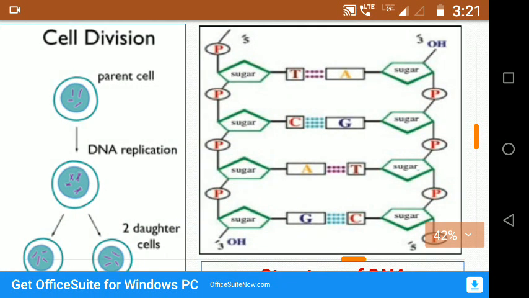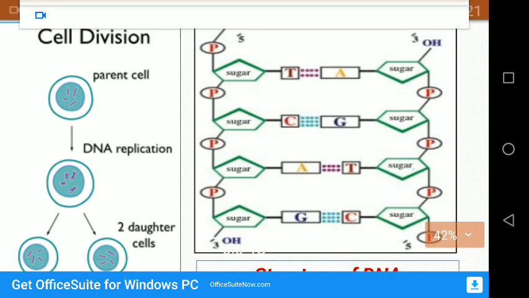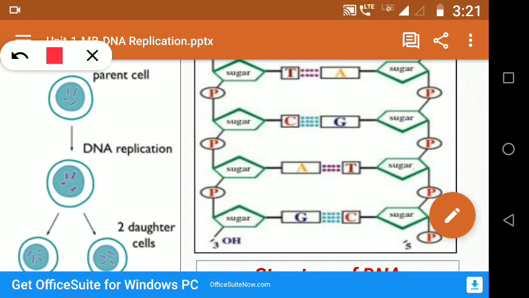As we all know, DNA is the genetic material of almost all organisms. There are only a few viruses which use RNA as genetic material, those viruses which are known as retroviruses.